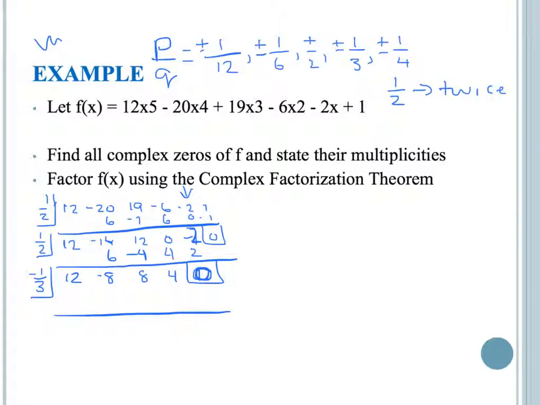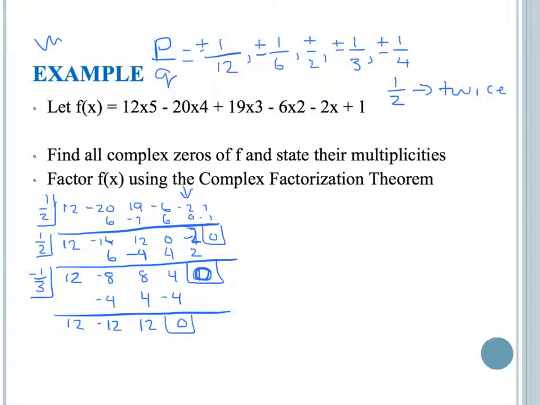I only have 3 that are showing up. 2 of them are not evident from my graph, so I can't just make them up. So let me finish this here. And lo and behold, -1/3 was a good choice because I got another remainder of 0.